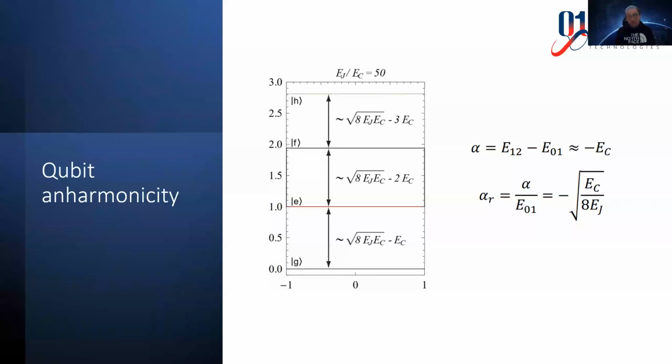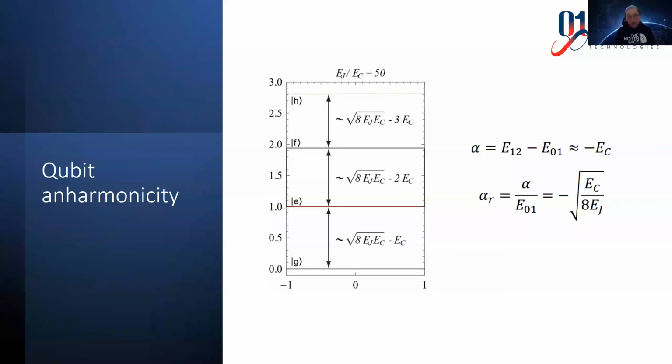So the geometry and parameters of the Josephson junction and the capacitor can be engineered to reach the desired transition frequency, which lies in the range of 5 to 7 gigahertz. Also note that the ratio of the Josephson energy to the charging energy must be in the range of 20 to 100, typically 50, where it is called the transmon regime.